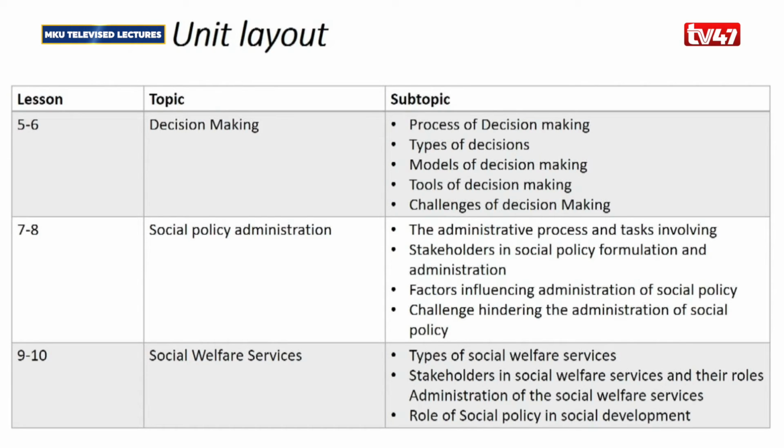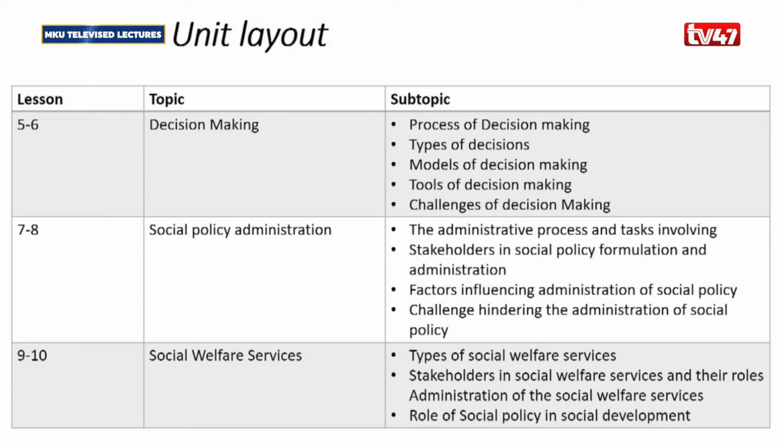Then you'll also be looking at the factors that influence administration of social policy, and also looking at the challenges that hinder the administration of social policy. Because regardless of what a good policy you come up with, like we said when looking at the factors, the end product of the social policy that you come up with is a reflection of the factors that exist within the context within which it has been developed.